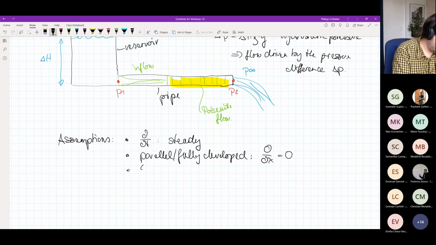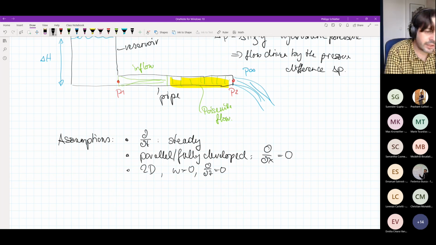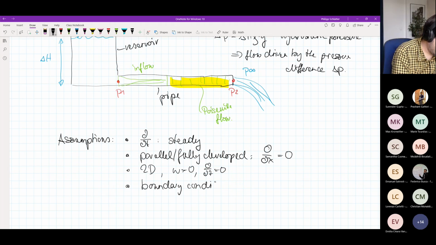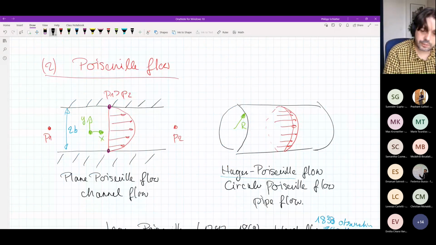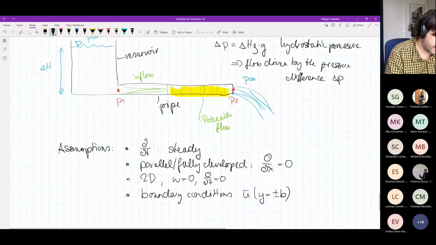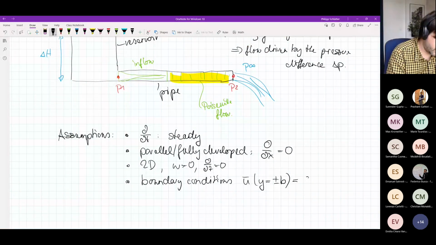Then we have that the flow is two-dimensional, which means that w is 0 and d/dz is 0. And then we also need some boundary conditions. In this case, the boundary conditions would be that the velocity vector at the two walls, so when y is plus minus b, in our sketch at this point and at this point, the velocity at these two positions would be 0.